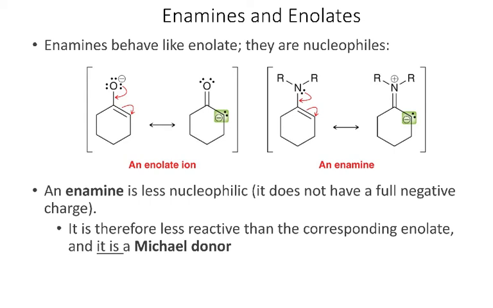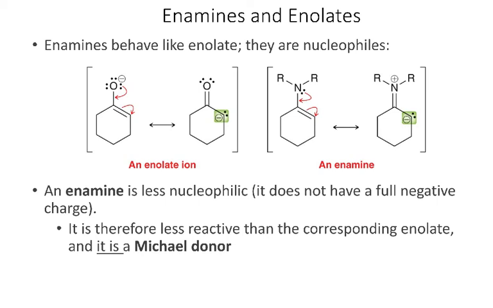So enamines share a number of characteristics with enolates. They're both nucleophiles, and if we draw this resonance structure of the enamine, we can see we get a lone pair on the alpha carbon, and so it can react like an enolate. The difference is, in an enolate, I have a full-on negative charge on my compound, and so it's a stronger nucleophile.